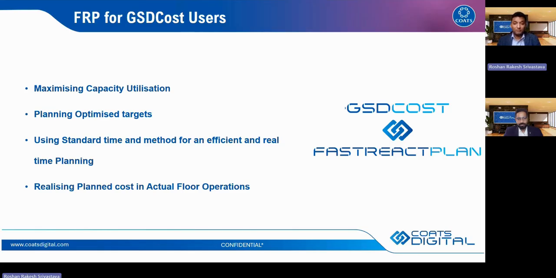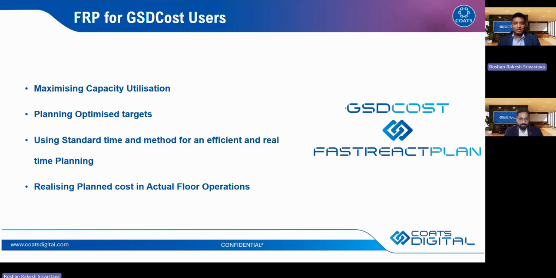You don't have the visibility to know how your plan is actually getting executed, because your planner is involved in other activities, which are again problem-identifying activities. So GSD can help you implement that SMV standardization and can improve your capacity utilization.